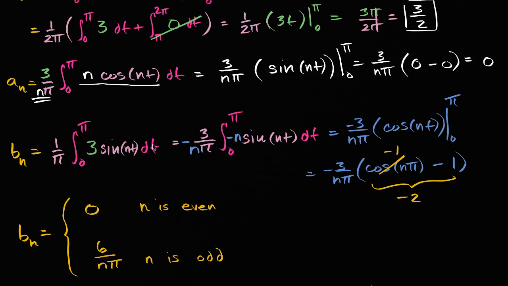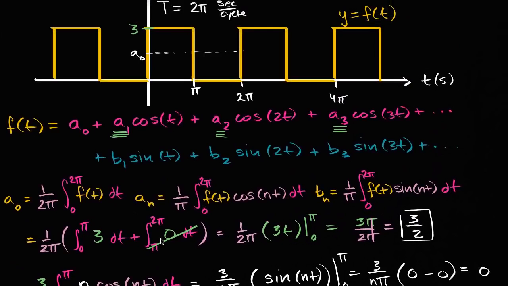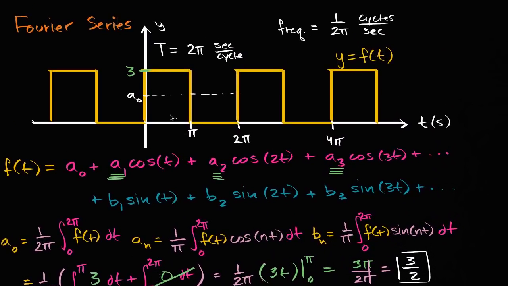And if you think about it, just visually, if you look at the square wave, it makes sense that you're going to have the sines and not the cosines, because a sine function is going to look something like this, while a cosine function looks something like, let me make it a little bit neater, a cosine function would look something like that.